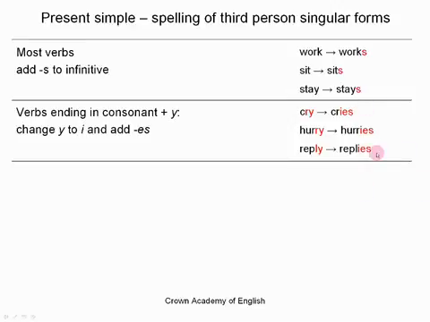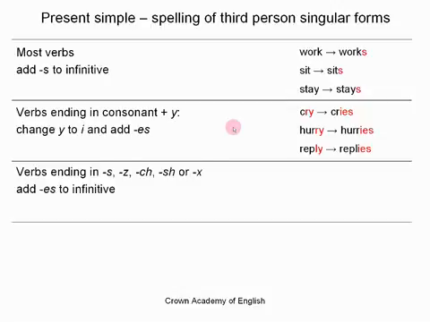Okay. So any word which ends in a consonant and then a Y, this is the case. All right. So I would estimate this is probably 10% or less of all verbs. Okay. Now let's have a look at the second exception.